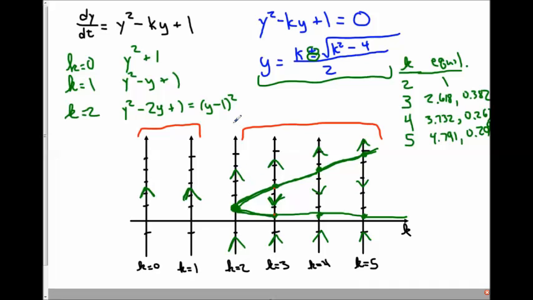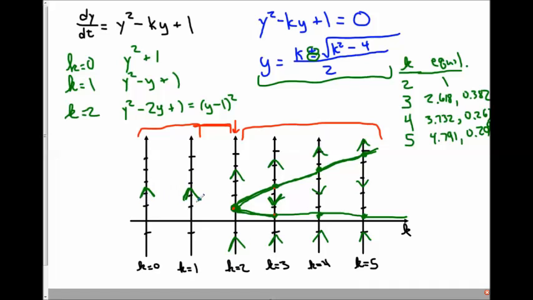And then k equals 2 itself is actually exactly the dividing point. So I should have extended this all the way to here, right? Like if we had done k equals 1.9, it would have been like the first two. K equals 2 itself is a special case. It's exactly the dividing line between these two kinds of behaviors. It's got one equilibrium point, and on either side it's up.